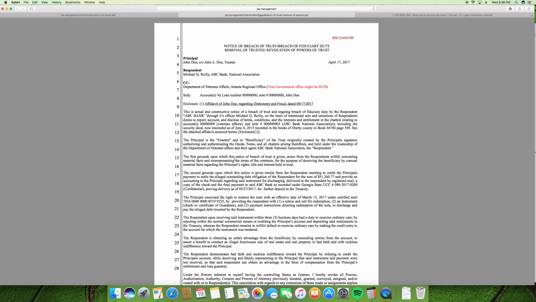The first grounds upon which this notice of breach of trust is given arises from the respondent's willful concealing of material facts and misrepresenting the terms of the contracts for the purpose of deceiving the beneficiary by concealing material facts regarding the principal's rights, title, and interest held in trust.